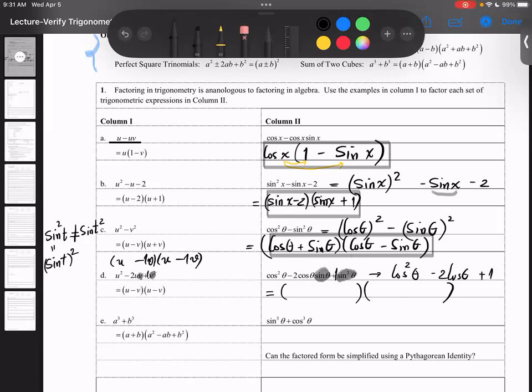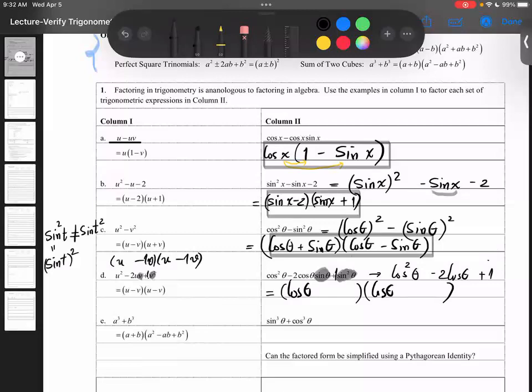Yeah, go ahead. No, in terms of cosine. Yeah, cos, right? Put down cos first. Cosine theta, because what do you need? You need cosine square theta, right? One step at a time.